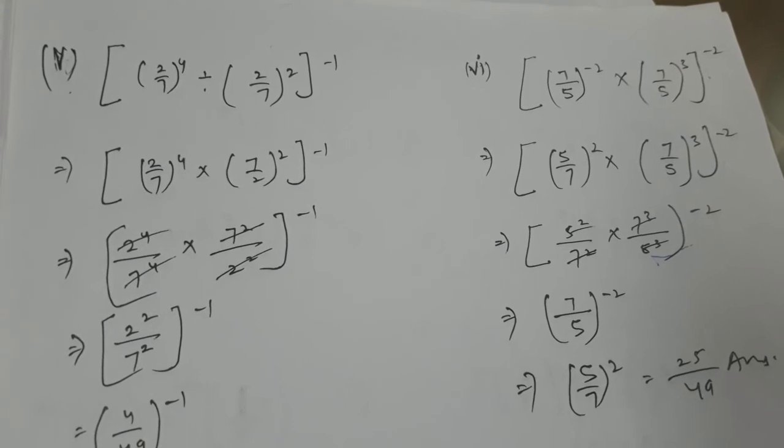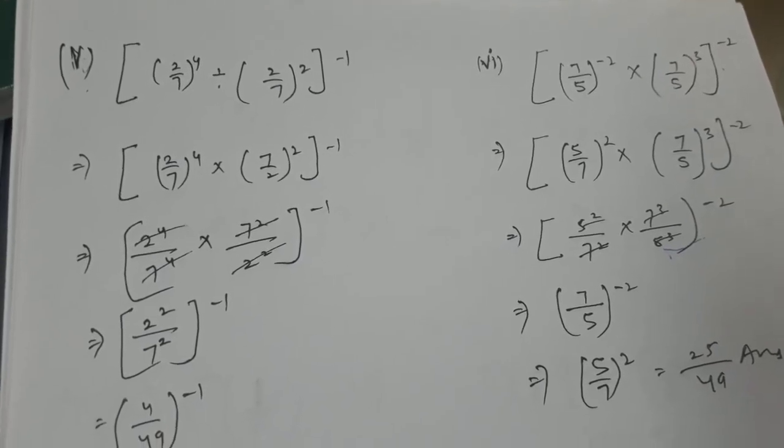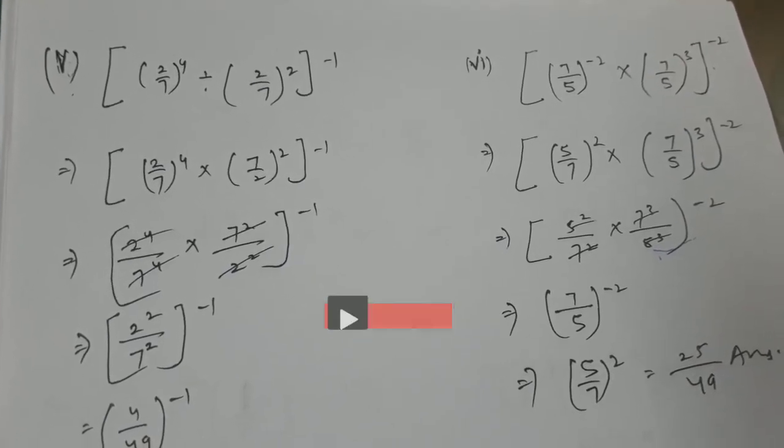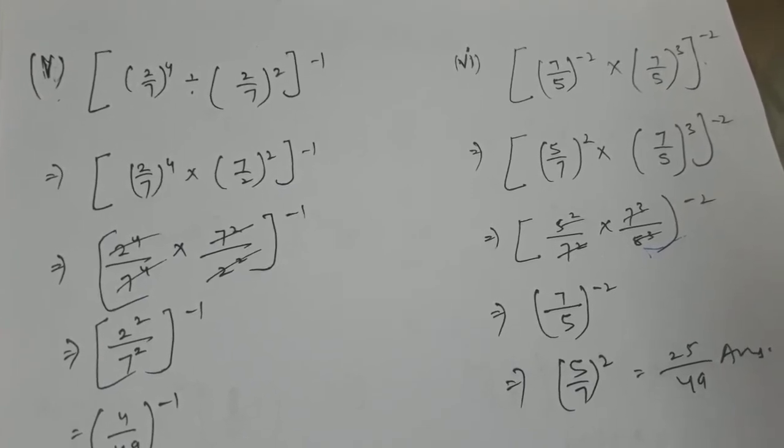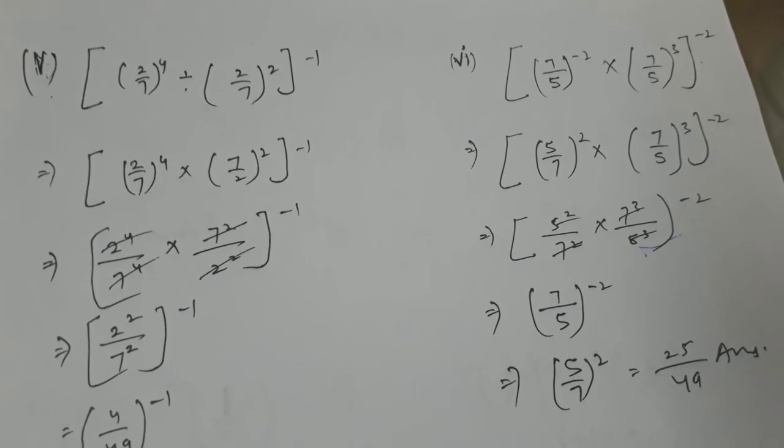In fifth part of question number 2, 2 by 7 raised to the power 4 divided by 2 by 7 raised to the power 2 whole raised to the power minus 1.